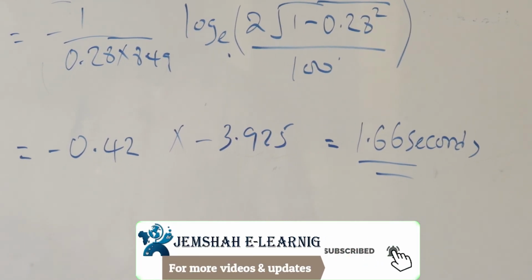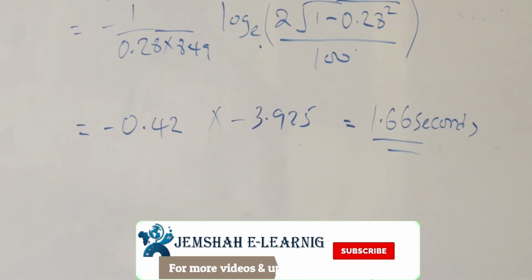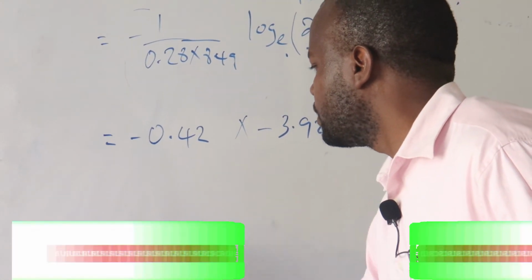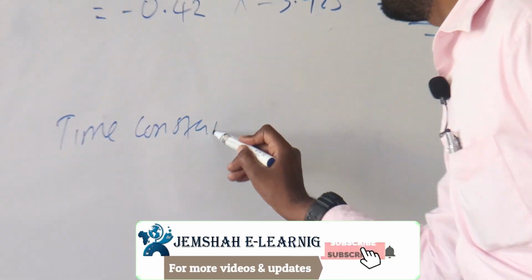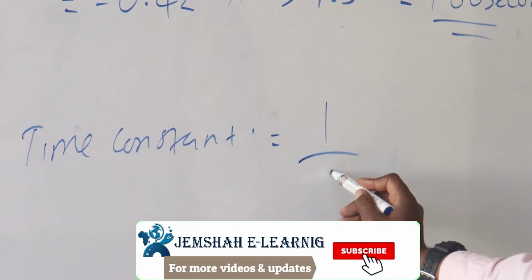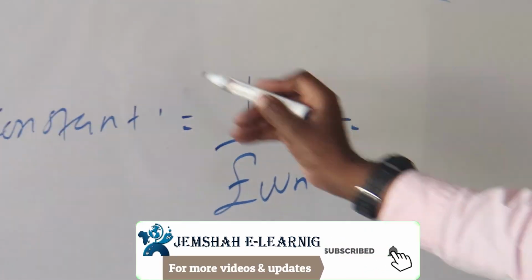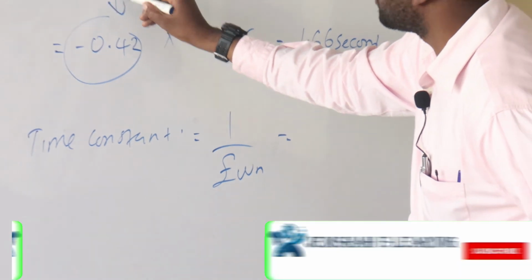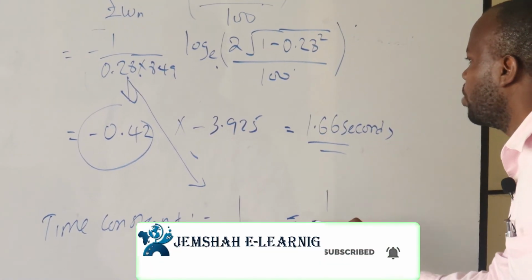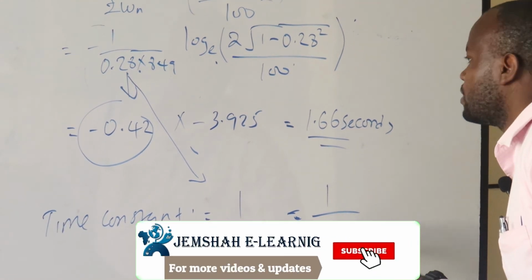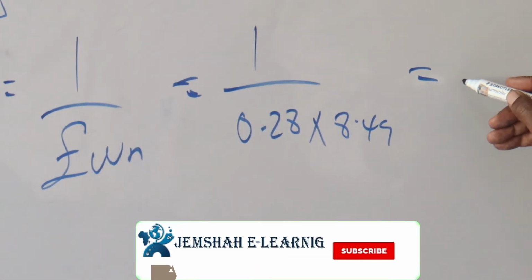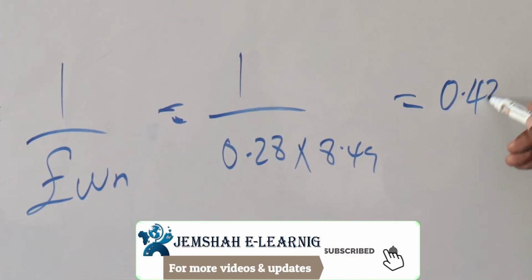Then after that, we can now go ahead and look at the time constant, of which we have seen what it is just above there. The time constant is given by 1 all over zeta omega n, which is simply 1 all over 0.28 times 8.49, which is equal to 0.42 seconds.